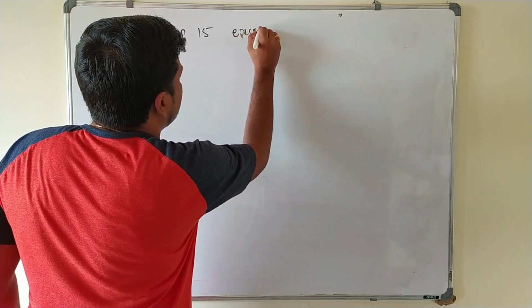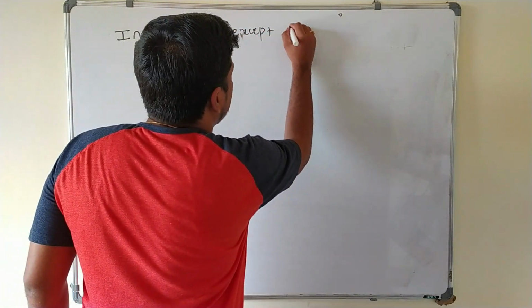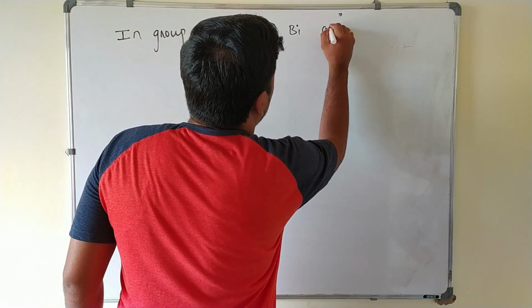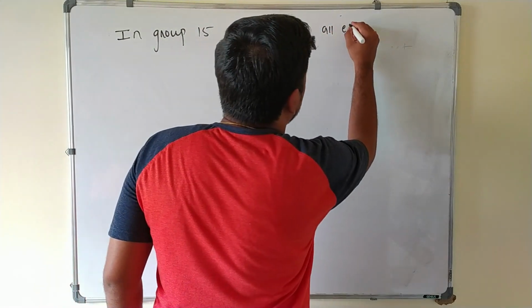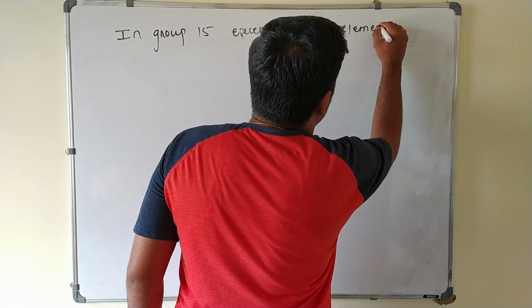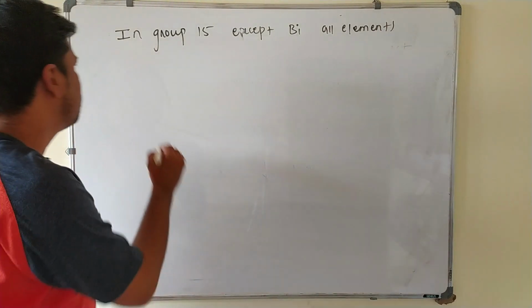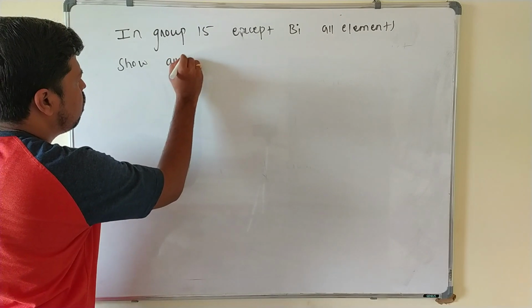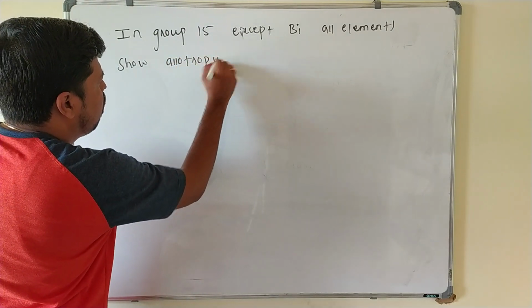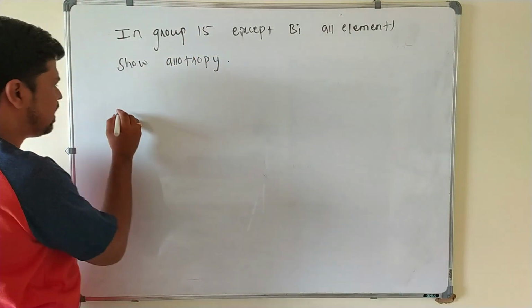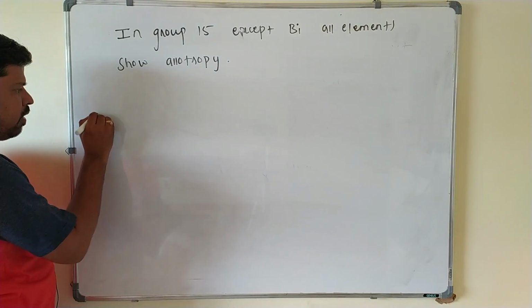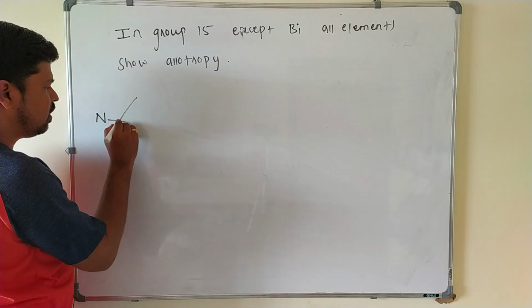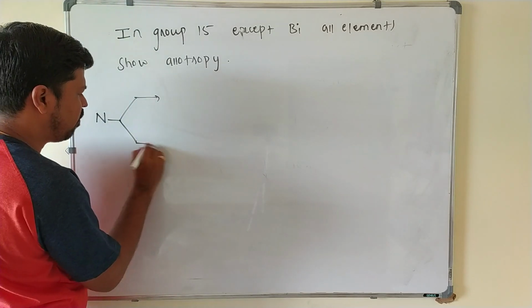In group 15, except bismuth, all elements show allotropy. For example, first one I will write nitrogen. This nitrogen exists in two allotropic forms.